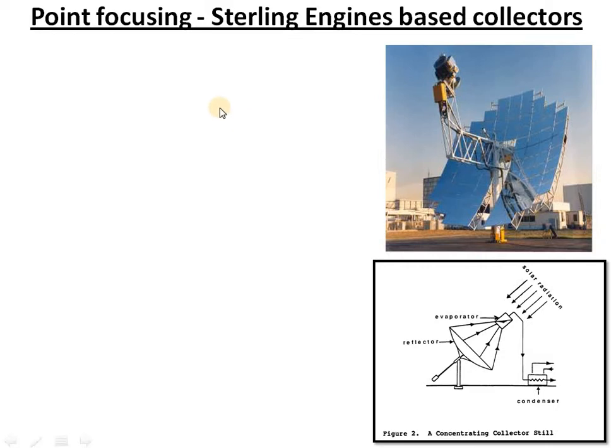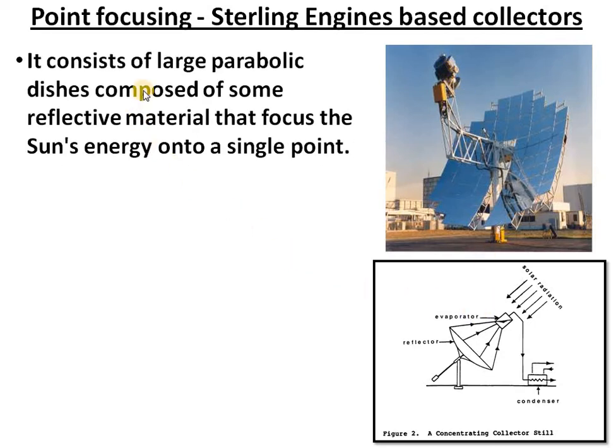Okay, you can run the generator just like the engine in a bus or a car, where petrol or diesel is being heated, and it produces a high pressure gas. Similar here, fuel is not petrol or diesel, instead solar energy. Solar energy is used for heating up the gas inside the chamber, and the hot gas, its pressure is high, it has high ability to do work, and that high pressure gas is used to run some engine. Okay, so such reflectors or point focusing collectors are called Stirling engine based collectors.